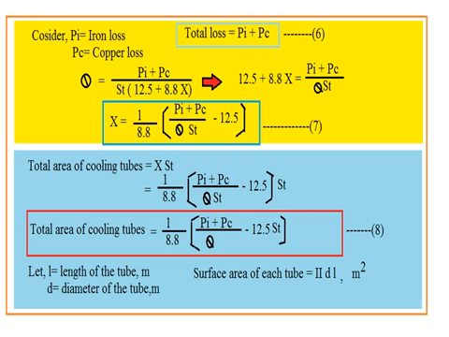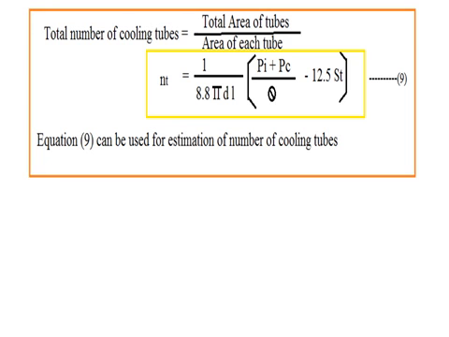Let us consider L is the length of the cooling tube in meters, D is the diameter of the tube in meters, then the surface area of each tube should be equal to pi D L. Hence, lastly, the total number of cooling tubes should be equal to total area of tubes divided by area of one tube. Hence, number of tubes equals 1 divided by 8.8 pi D L times (Pi plus Pc divided by theta minus 12.5 St). Equation 9 gives the total number of tubes estimation or calculation.